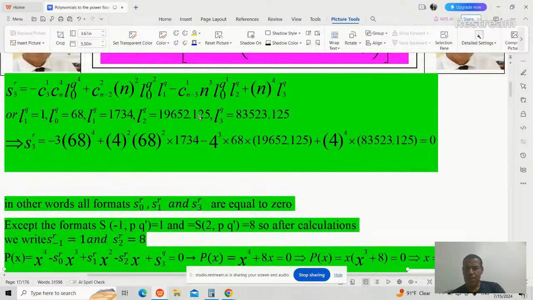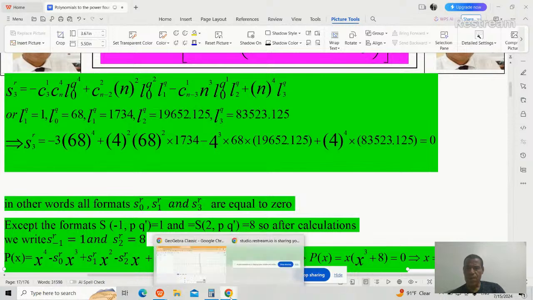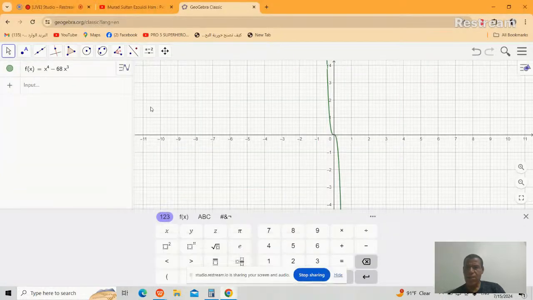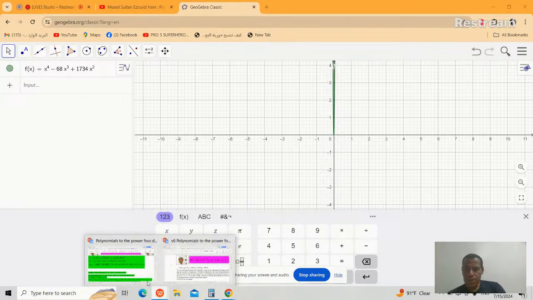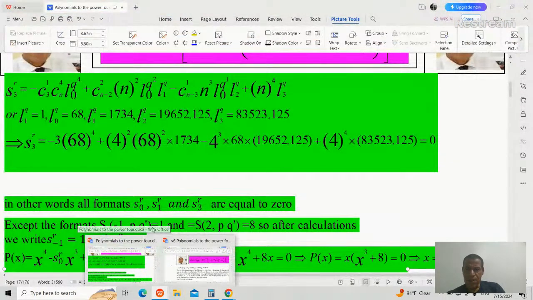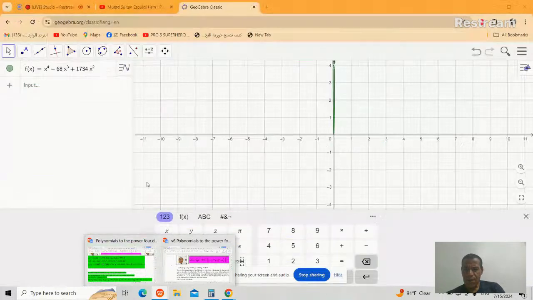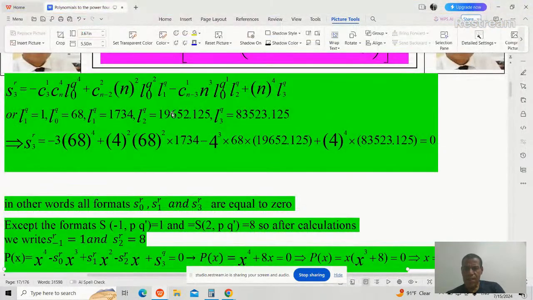Plus, learners, 1734 x squared, minus, okay, minus what, Mr. Mourad? Minus 19,652.